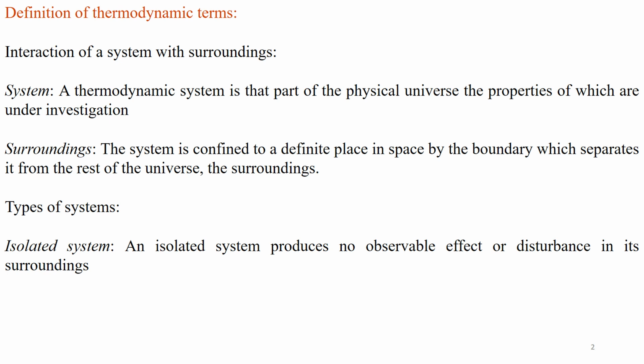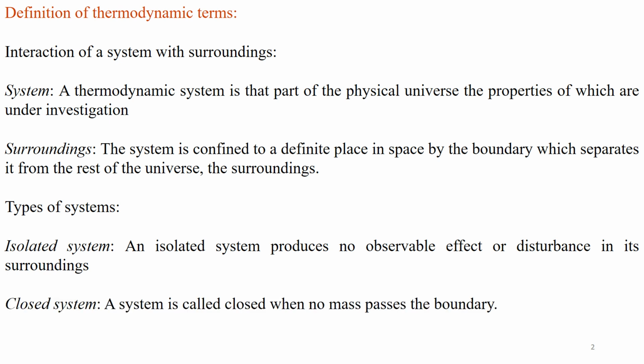Now what is a closed system? A closed system is when the system does not exchange any mass with the surrounding. We just gave you an example of the system at the very beginning, that consider a gas in a container. So this gas, if we confine it in a container, no gas molecule will come outside, and also no new gas molecules from the environment will enter that container.